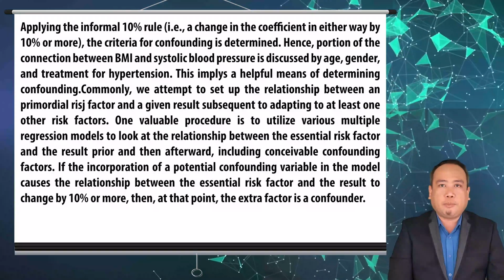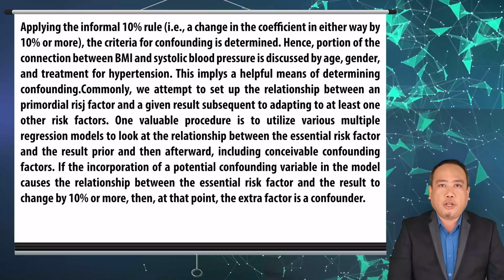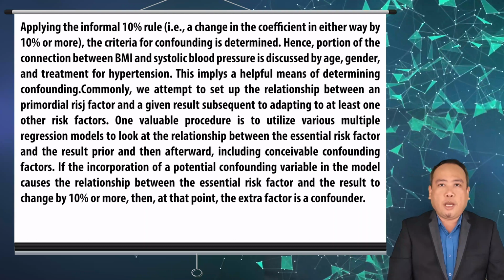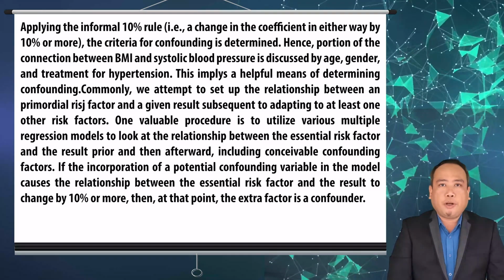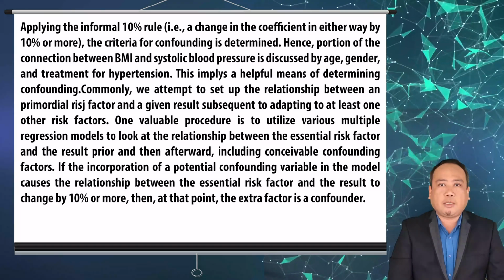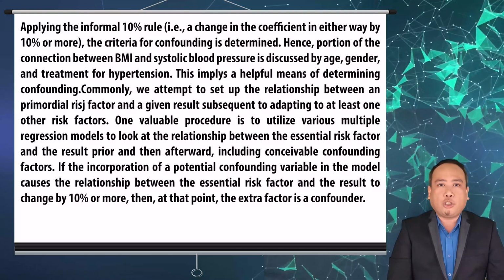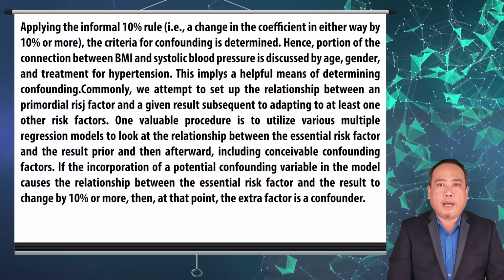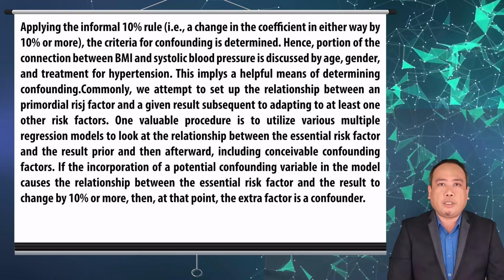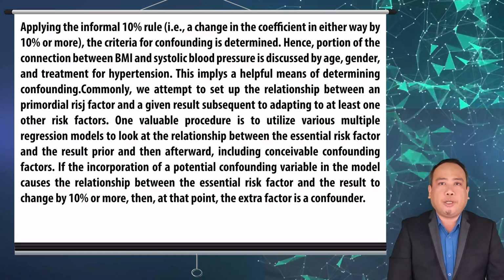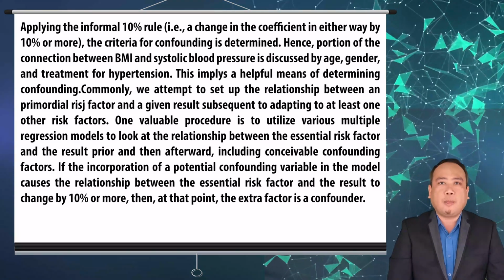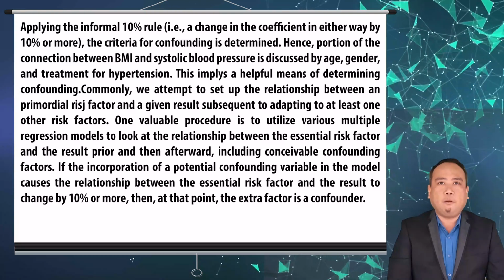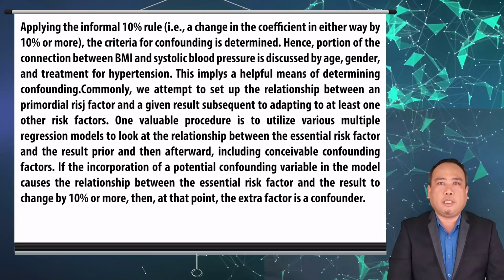Applying the informal 10% rule, that is, a change in the coefficient in either direction by 10% or more, the criteria for confounding is determined. Hence, a portion of the connection between BMI and systolic blood pressure is explained by age, gender, and treatment for hypertension. This implies a helpful means of determining confounding.